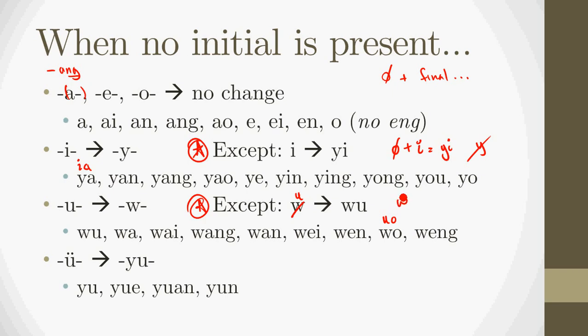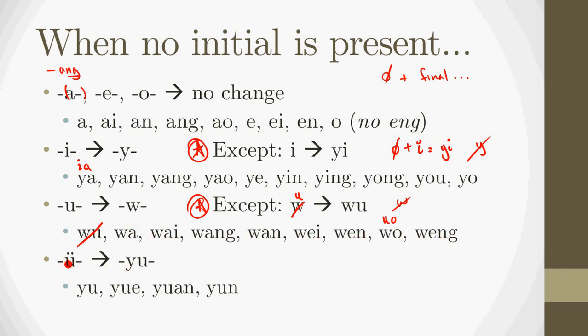Okay, because again, writing W would be kind of weird. Okay, so U changes to wu. And I guess I should have not written this there because that's the exception. Okay, so U changes to wu, and then we have all the other subsidiary ones. Wa, wai, wang, wan, wei, wen, wo, weng.